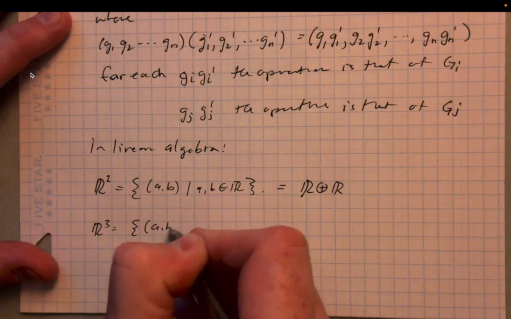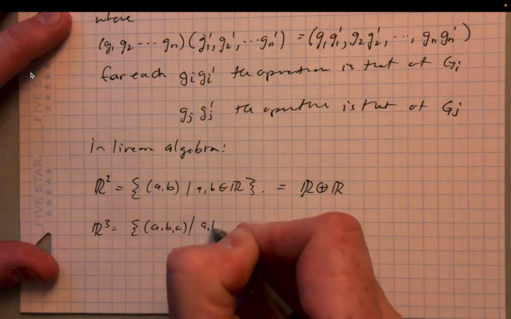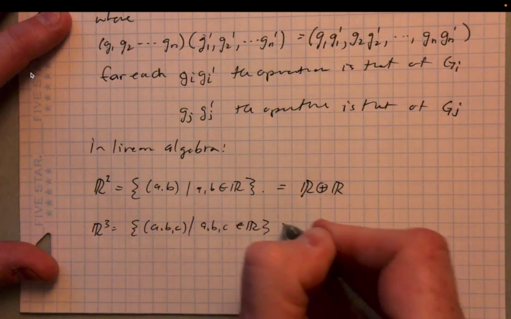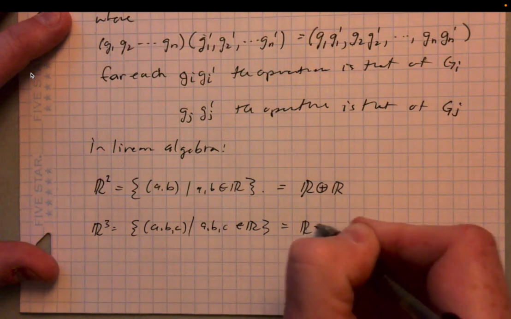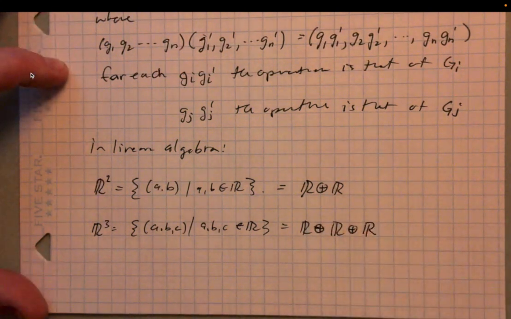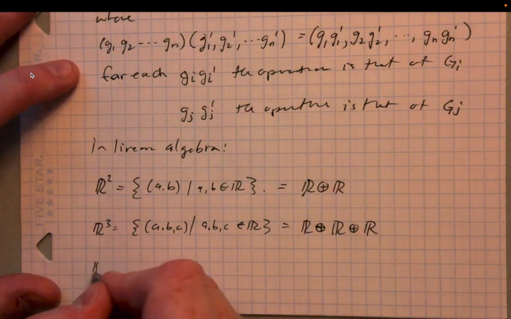It's (a, b, c) such that all three components are in R, and so it's really just R plus R plus R. And then of course Rn.